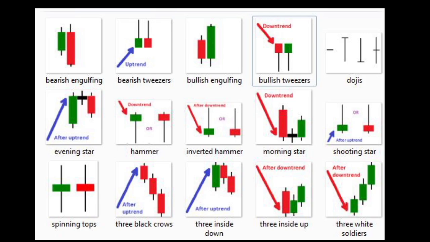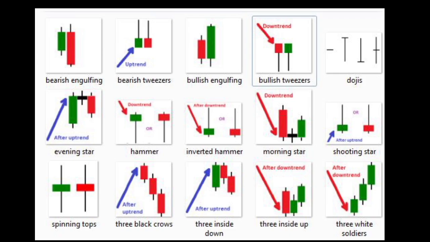So this is something we definitely want to look for. This is basically going to decide whether you're going to get in a move or stay out. When I see the 3 white soldiers, I usually go in on the second candle if I feel confident in the move.